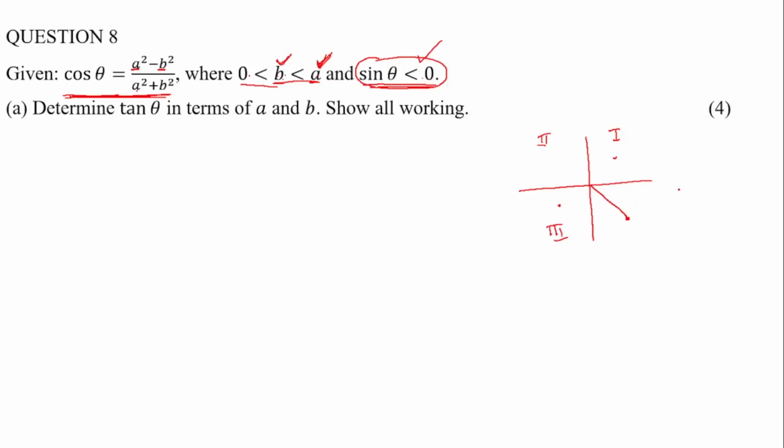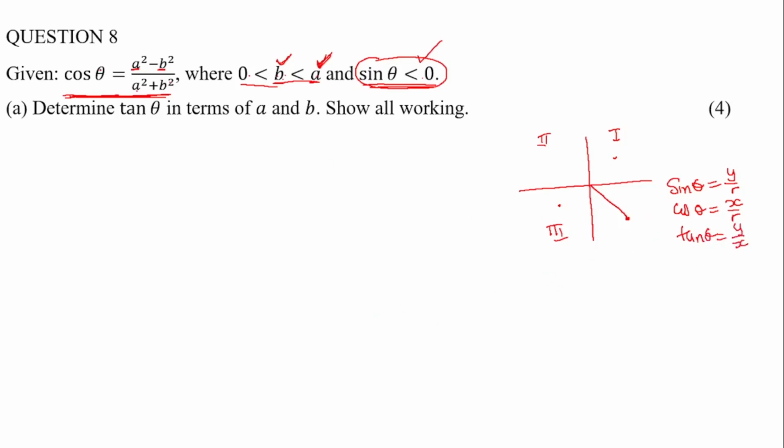The other thing we have to remember is that sine theta is equal to y over r, cos theta is equal to x over r, and tan theta is equal to y over x. Remember that.